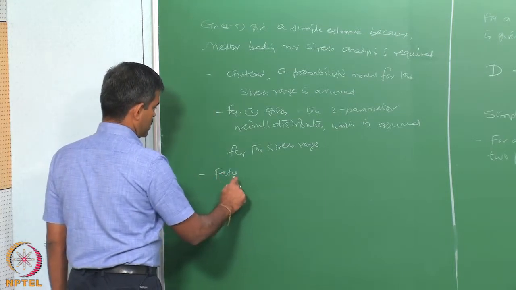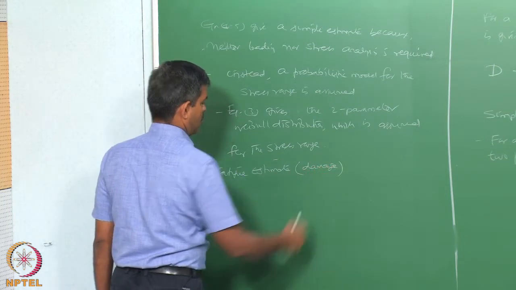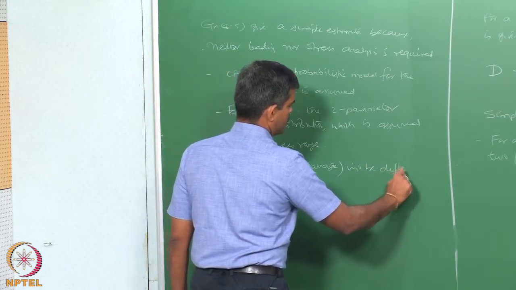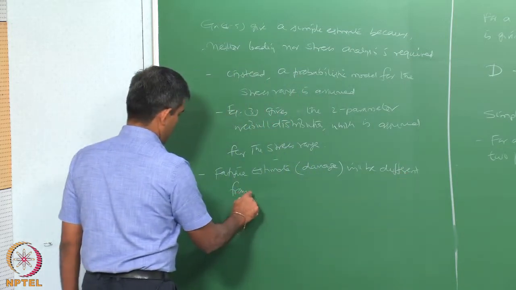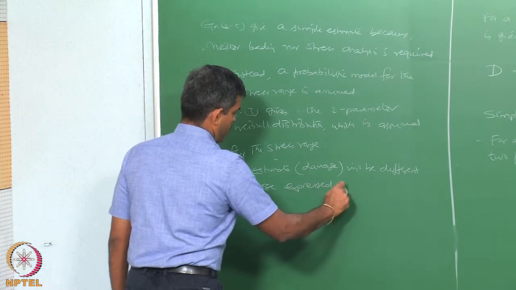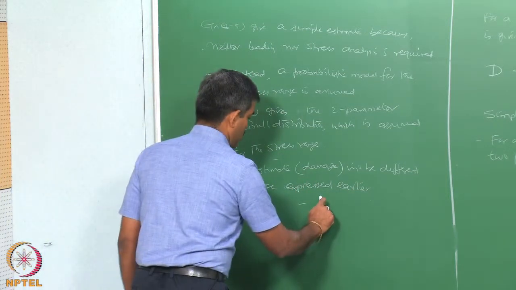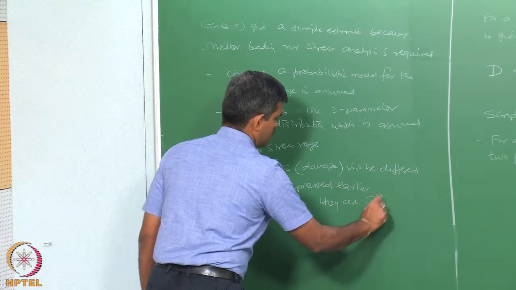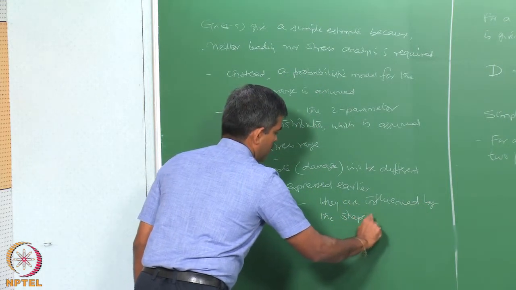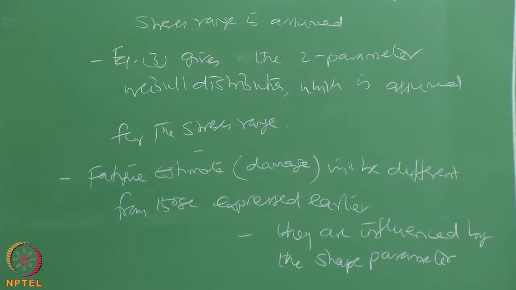So, the fatigue estimates, in fact the damage, long term or short term both, will be different from those expressed earlier, because they are influenced by the shape parameter considered for the probability distribution of the stress range.